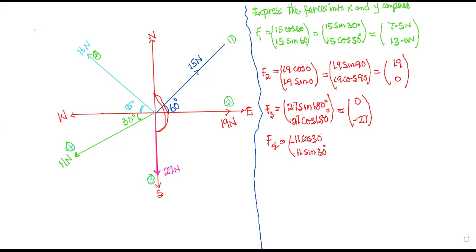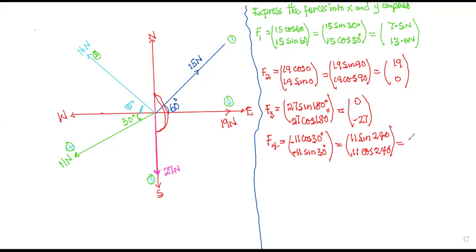Within this quadrant, y is also negative, so minus, minus. And we can equate this to the angle it makes from the north, which is 11 sine 240, 11 cos 240. The value will be the same.